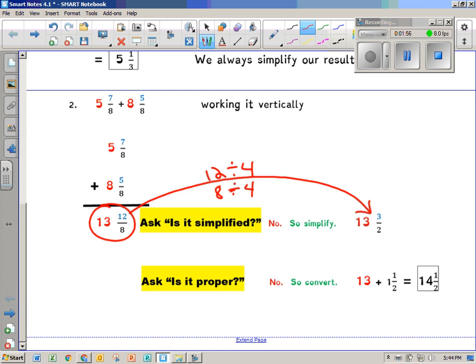Then, once you get there, if your fraction is still improper, and it is, then you convert it to a mixed number. Remember, you divide 2 into 3, that gets you whole number 1. 1 is your remainder, 2 is your original divisor or denominator in this case. So 13 plus 1.5 is obviously 14.5. So that's a pretty simple one.